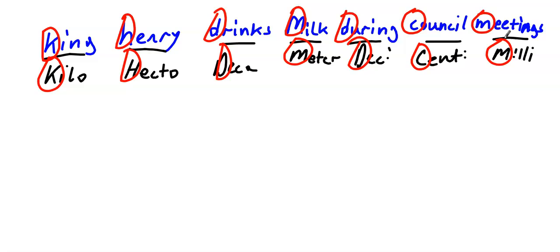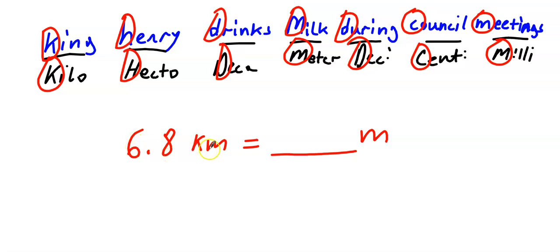So the same way the metric steps go, you can go left to right and move your decimal, but King Henry drinks milk during council meetings might help you memorize the correct order of these values. So we have King Henry drinks milk during council meetings. King is kilo, hecto, deca, meter, deci, centi, and then milli.